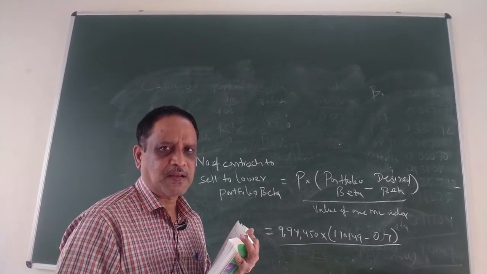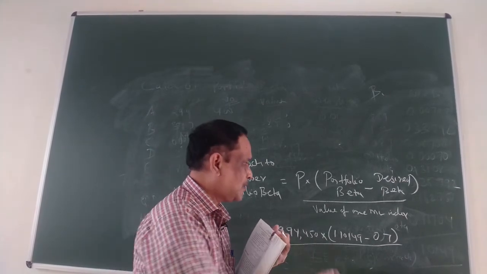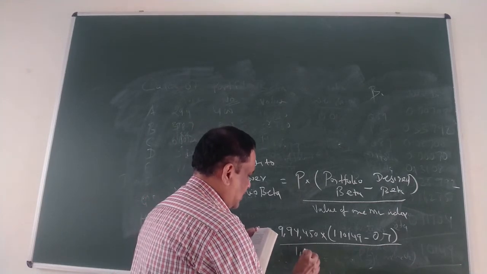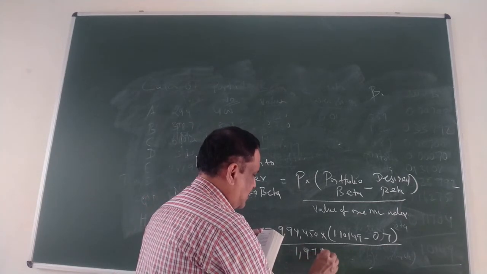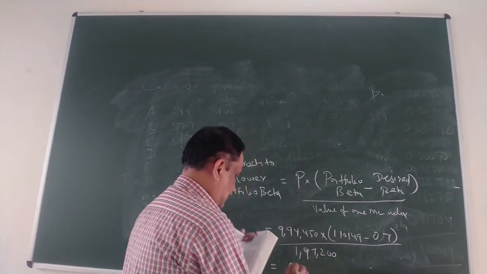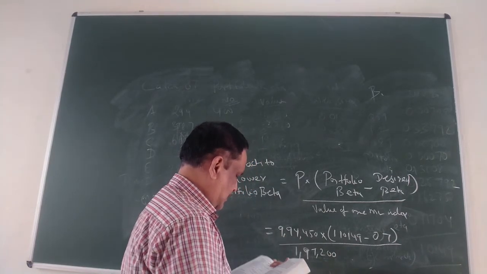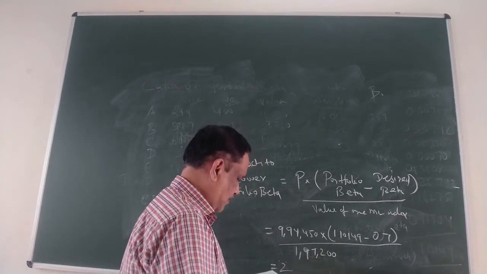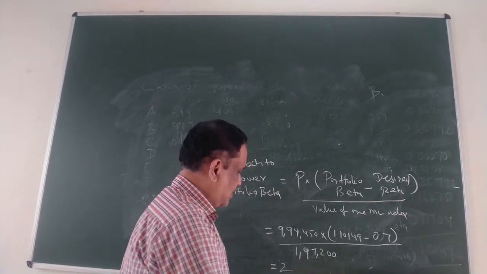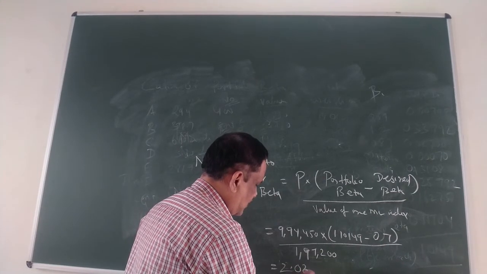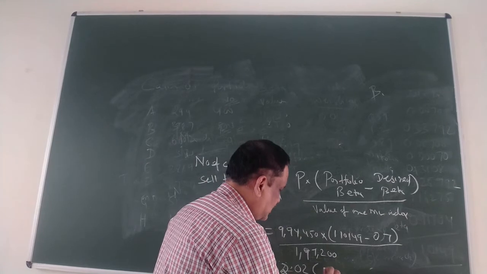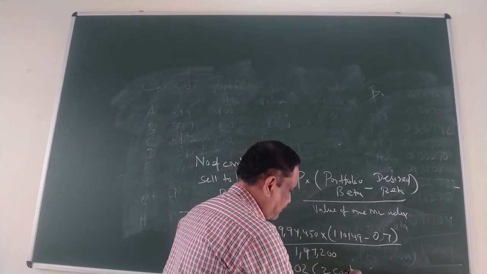If you are buying one Nifty or selling Nifty, what is the value? In this case it would be 1,97,200, which we have already calculated. So you will get the answer 2.02. That is very low, so you can assume it as 2 contracts.